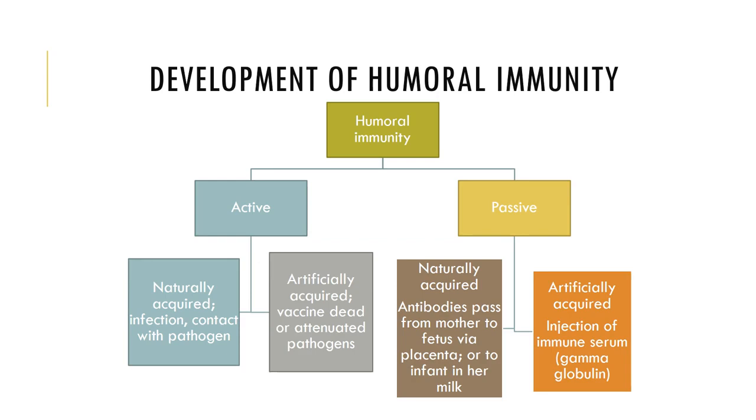Passive exposure can also be naturally acquired or artificially acquired. Naturally acquired, an example would be when antibodies pass from the mother to the fetus via the placenta or during breastfeeding. Artificially acquired may occur with the injection of an immune serum like gamma globulin.